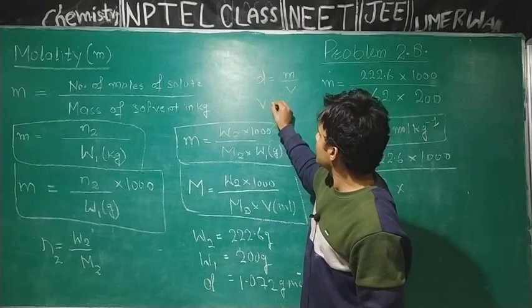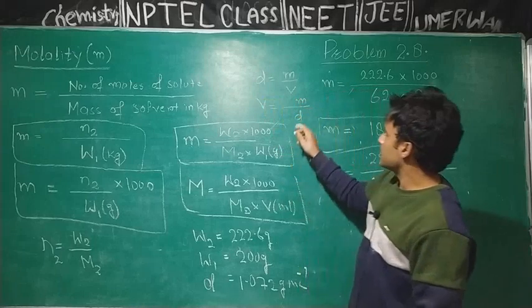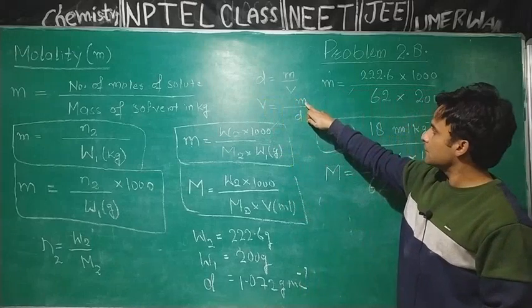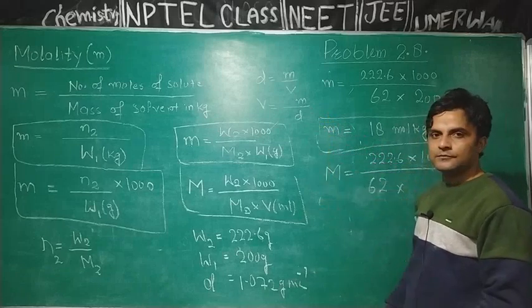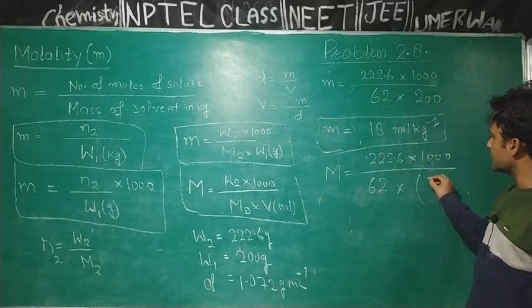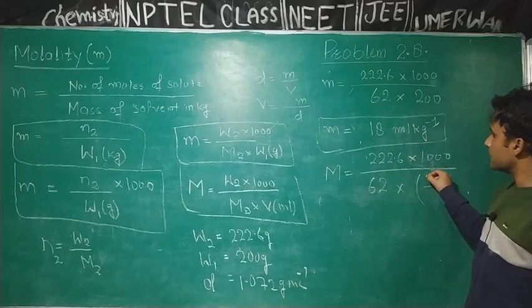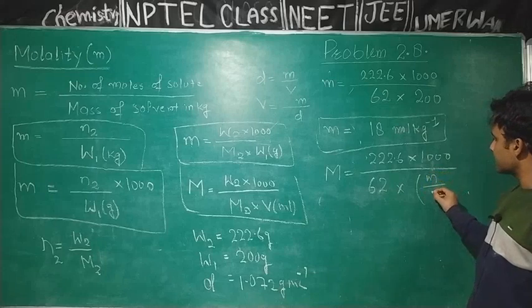I need to find volume. Volume will be equal to the ratio of mass and density. Both the mass of solution and the density of solution are known to me. I will express the volume of solution in terms of the ratio of mass of solution and density of solution.